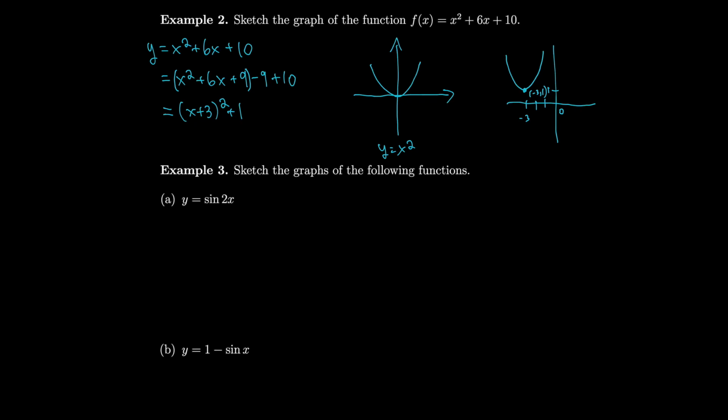Okay, let's sketch the graphs of these functions, y equals sine 2x and y equals 1 minus sine x. So in order to do y equals sine 2x, let's start with sine. Okay, so this is assuming that we already know that sine goes from minus 1 to 1, and it hits a maximum at pi over 2. It goes to 0 at pi.